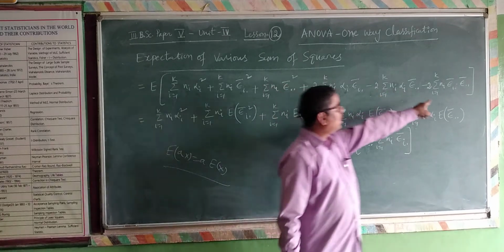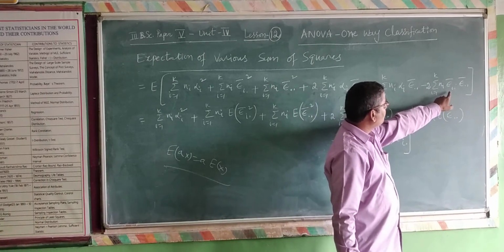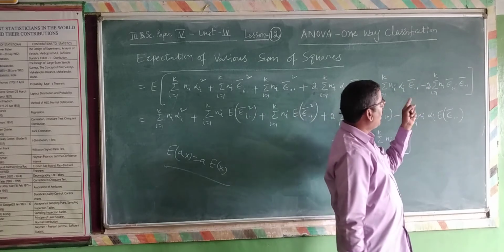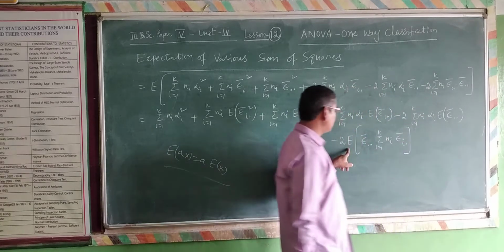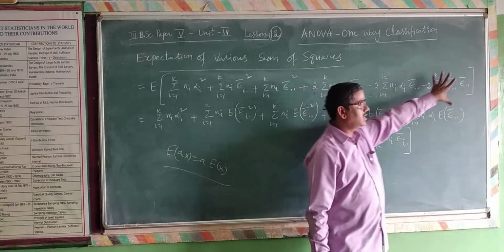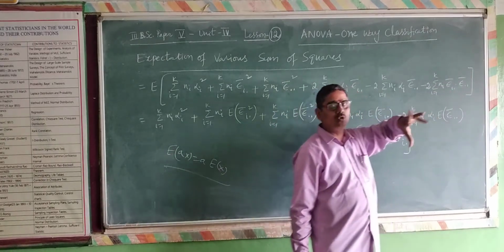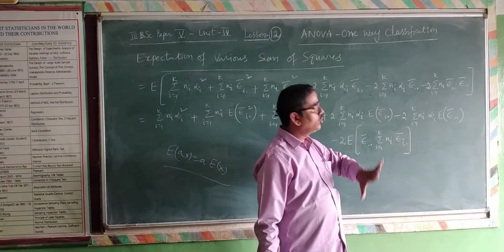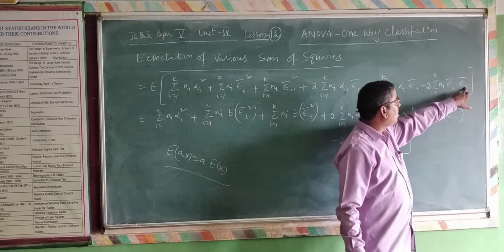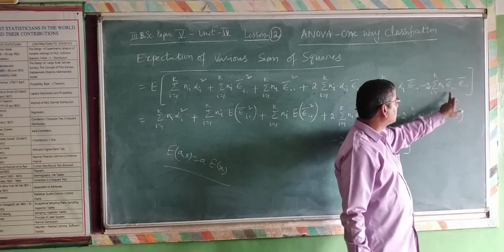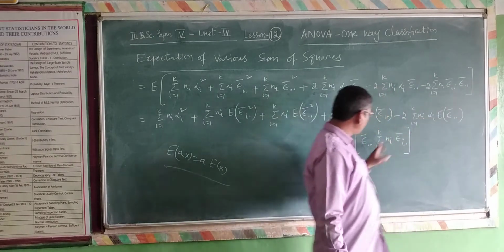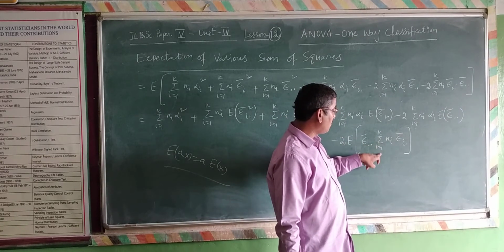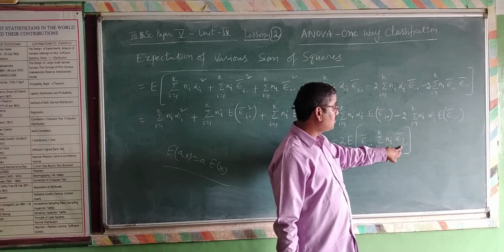What I did here, 2 into 2 I have taken outside of the expectation, and then I took expectation for this entire term, in which I did not do the expectation. I kept it outside only. Now epsilon bar dot dot is a constant, does not depend on summation i. Hence I took it outside of the summation. Epsilon bar dot dot into summation i equal to 1 to k of n_i into epsilon bar i dot.